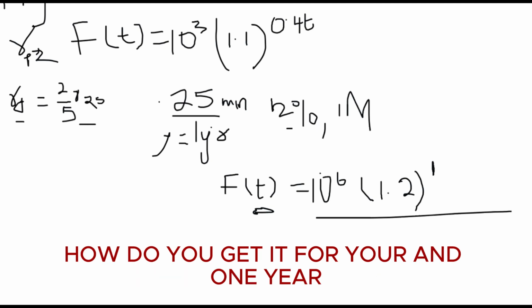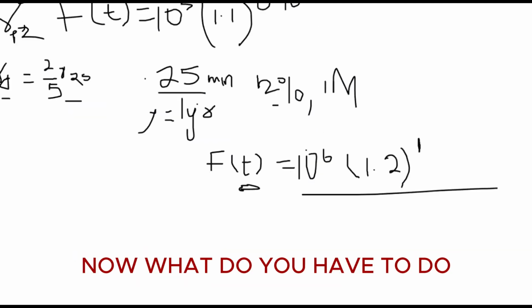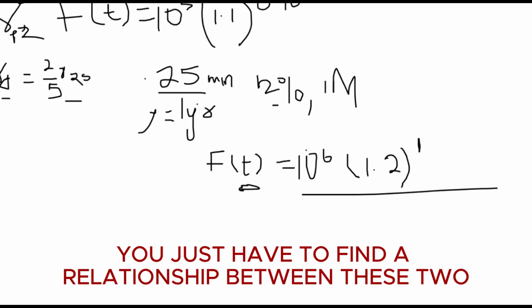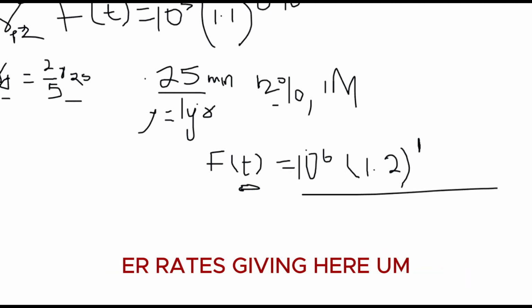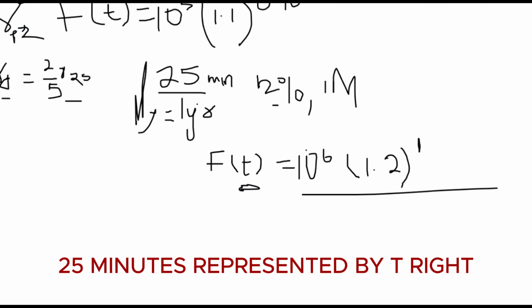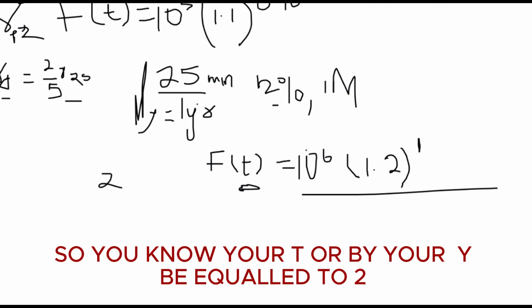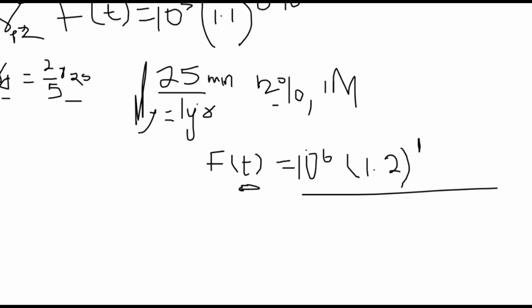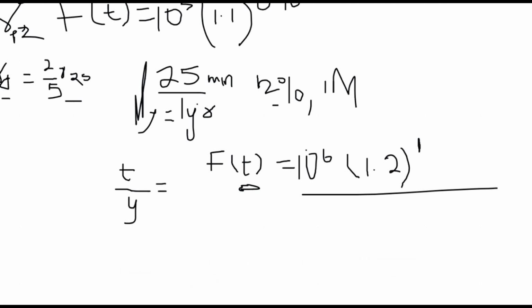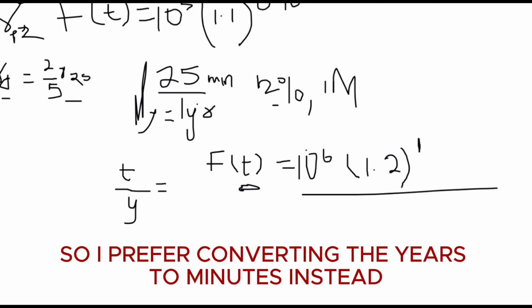How do you get it for your 1 year? Now, what do you have to do? First of all, you just have to find a relationship between these two rates given here. So 25 minutes is represented by T, right? So you know your T over your Y will be equal to, either you convert the minutes to years or the years to minutes. I prefer converting the years to minutes instead.